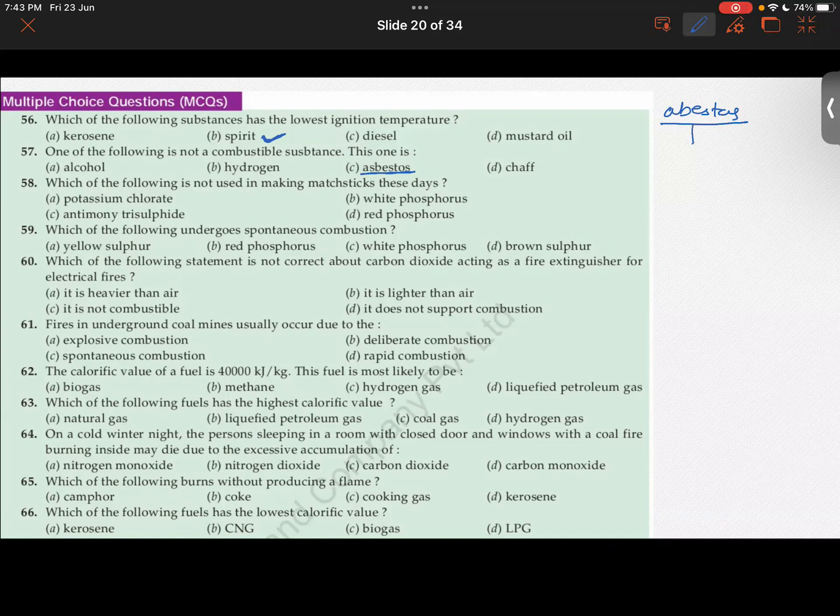I'm writing its property. You don't need to go in depth about this substance. Just know that it is a naturally occurring fibrous substance and it is resistant to heat. Since it is resistant to heat, it will not be a combustible substance: asbestos. While chaff, hydrogen, and alcohol are combustible substances. I told you the answer to this question because the term was not familiar to you.